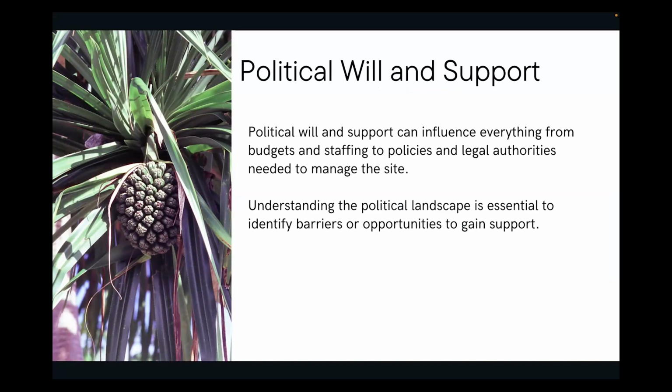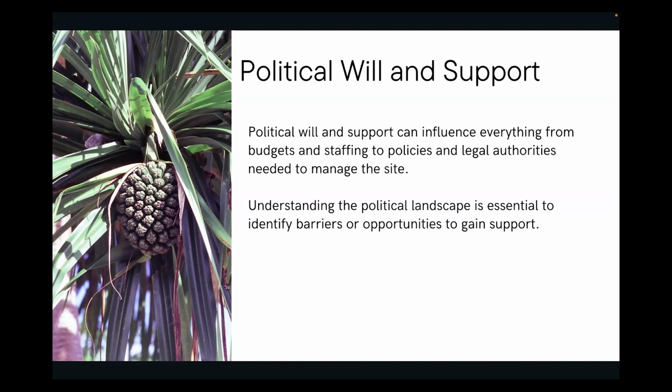It can influence budgets, staffing, policies, and legal authorities, like we just talked about. And it's also something that's really challenging for managers to influence. Even so, understanding what's going on in the political landscape can really help you identify where there are barriers or potential opportunities to gain further support.